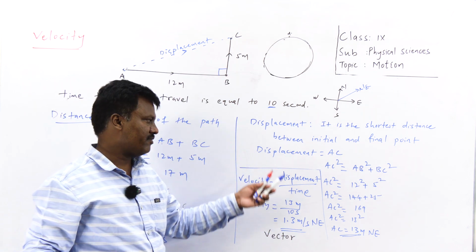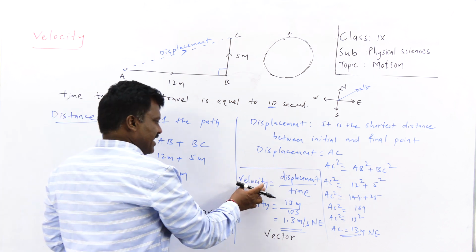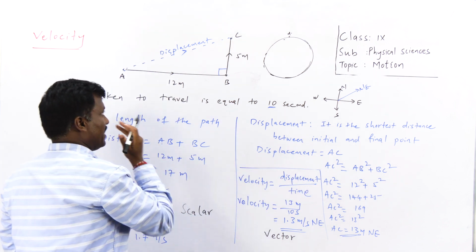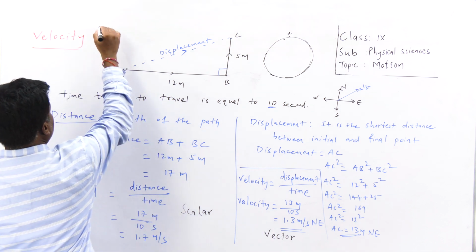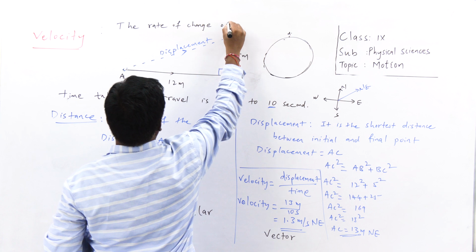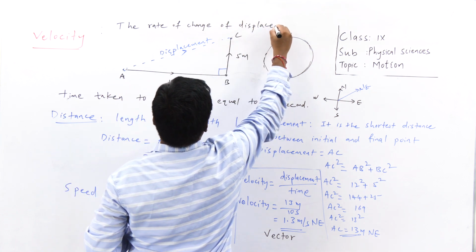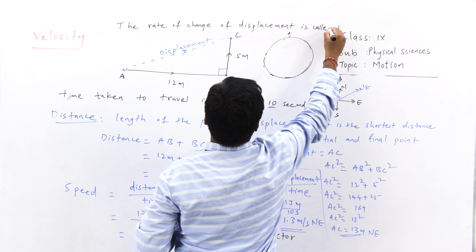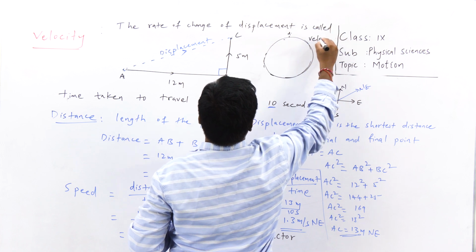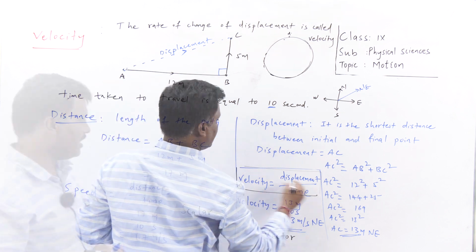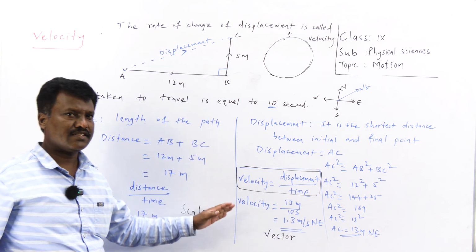From the previous video, when we have displacement, how do you calculate the velocity? So what is that? The rate of change of displacement is called velocity. So what is the velocity formula? Please note down this.